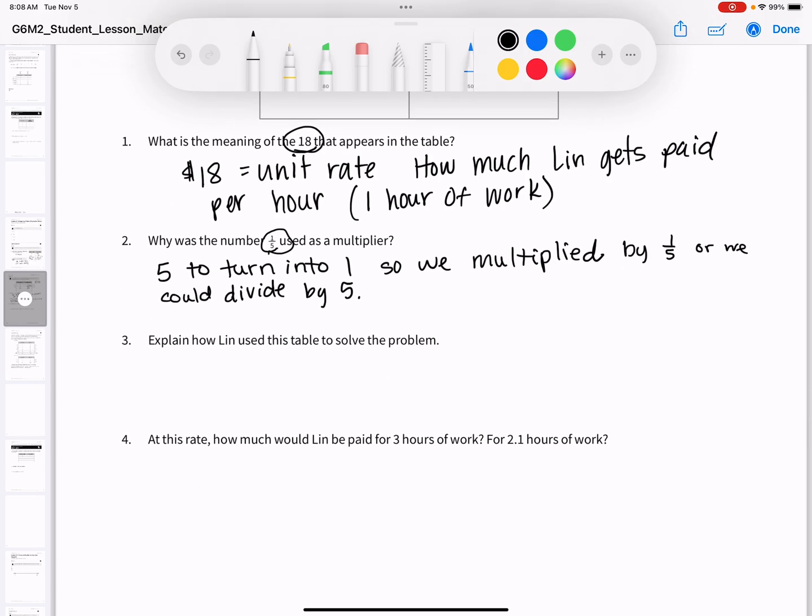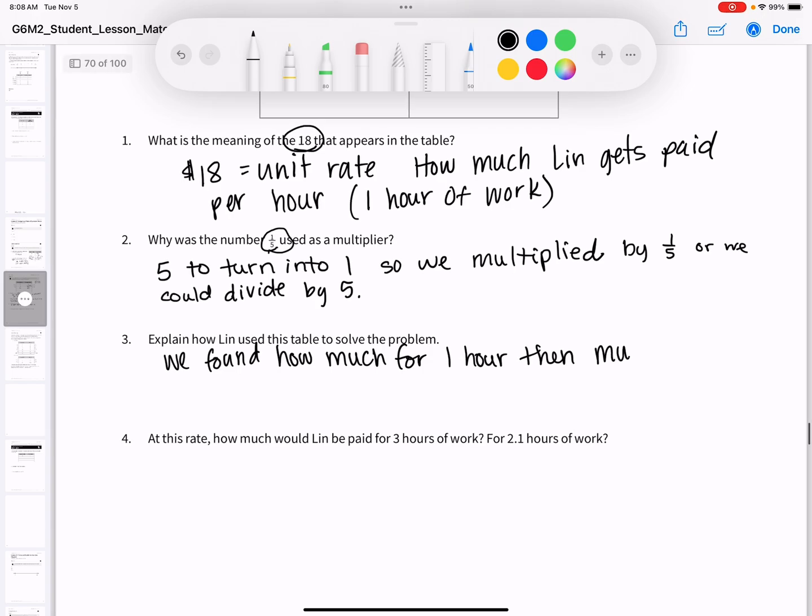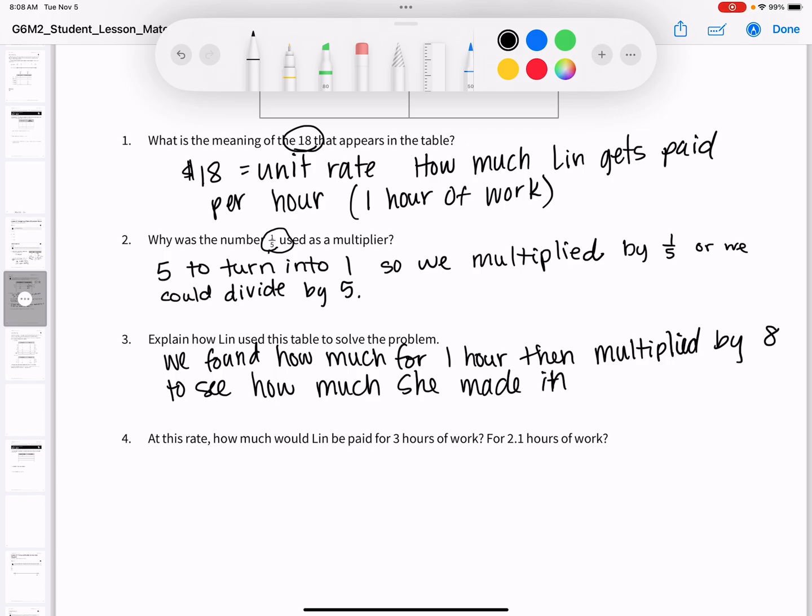So we found how much for 1 hour, then multiplied by 8 to see how much she made in 8 hours. And what you do to one side, you do to the other.